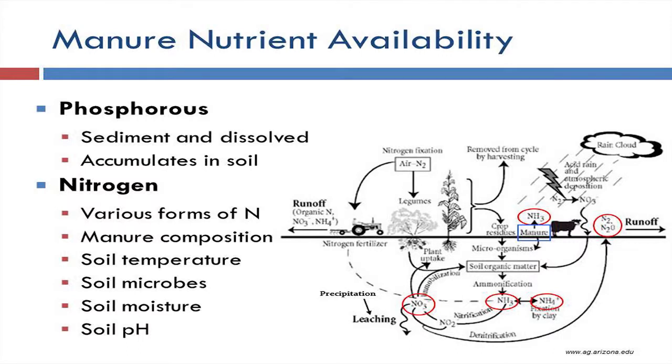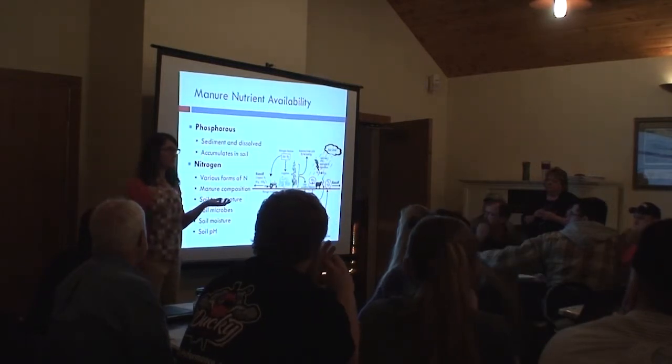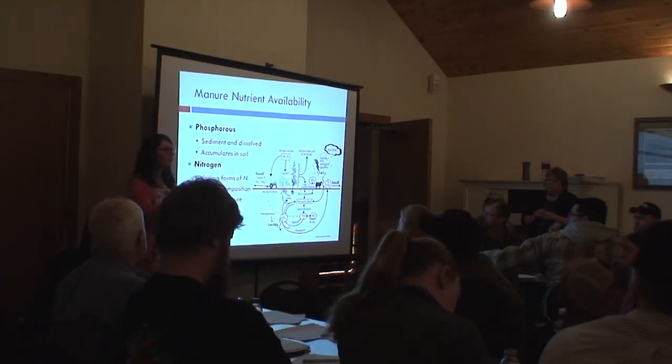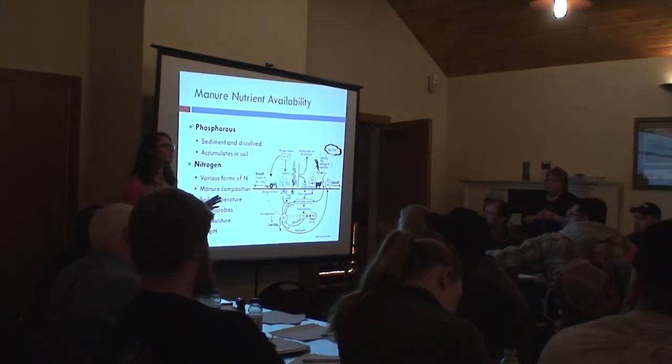So just to touch on a little bit of the nitrogen phosphorus piece, and I'm just going to touch on these two because these are the two that are of most concern from an environmental standpoint. Phosphorus is a big concern because when it does get into waterways, it can create that green algae maybe you've seen. And so that's just hit and miss here and there.